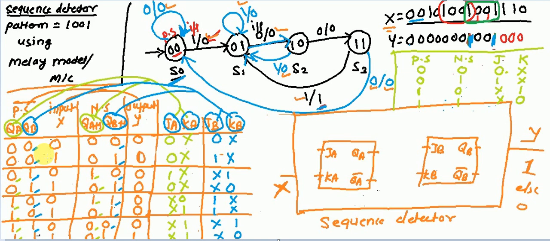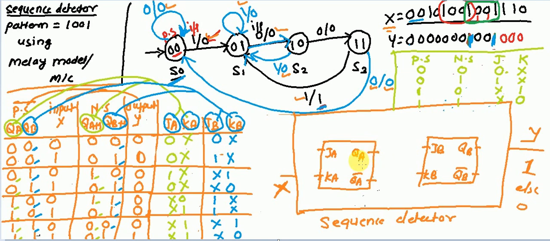Now in sequence detector, how many flip-flops do we require? It is totally decided based on the number of states available in the state diagram. In state diagram we have 4 states, therefore we require only 2 flip-flops in a sequence detector. So here we have 2 flip-flops, A flip-flop and B flip-flop.